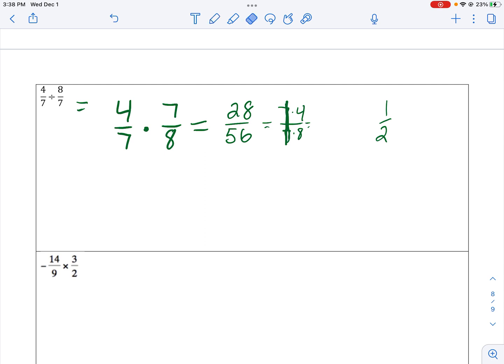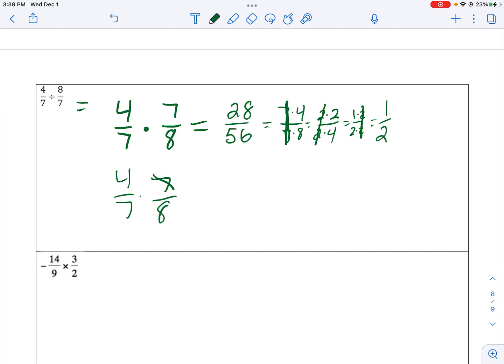Well, 4 can be rewritten as 2 times 2. 8 can be rewritten as 2 times 4. Those cancel. Those 2's are both on the numerator and the denominator. 2 can be rewritten as 1 times 2. 4 can be written as 2 times 2. Those 2's cancel, leaving me with 1/2 as my fraction.